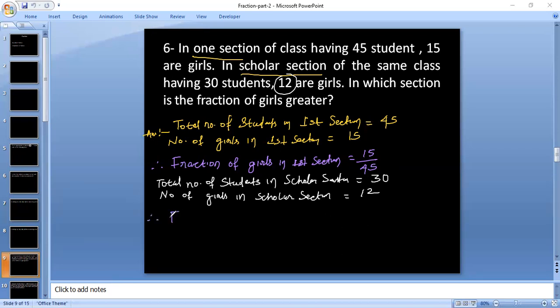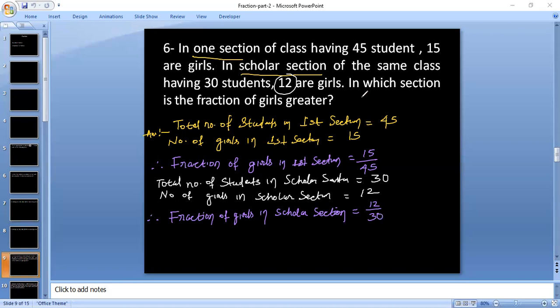Hence fraction of girls in the scholar section is equal to 12 girls out of 30 students, so you should write 12 by 30.